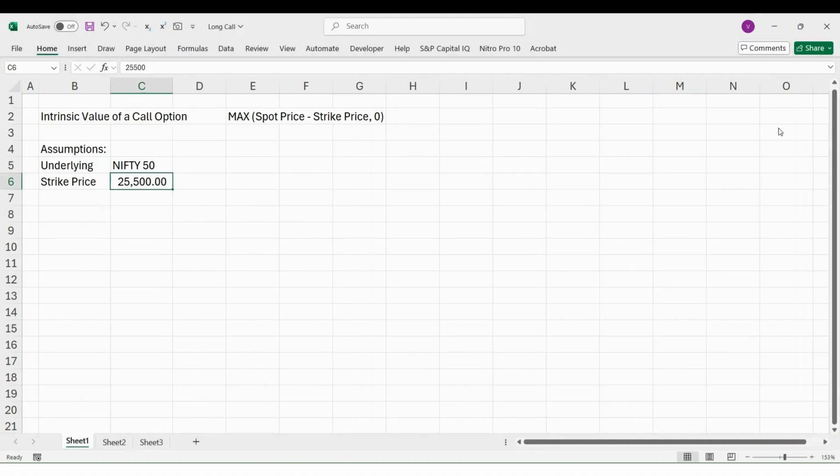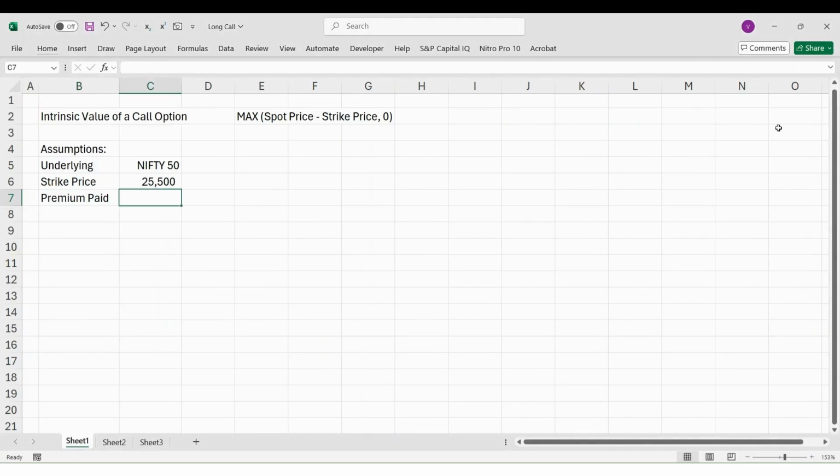And then comes the premium. The premium that I'm going to pay, because this is a long call, I'm expected to make a premium payment. So let's assume I'm going to make a premium payment of 130 rupees. Spot price as of today, the Nifty trades at 25,000 levels. So those are our basic assumptions.